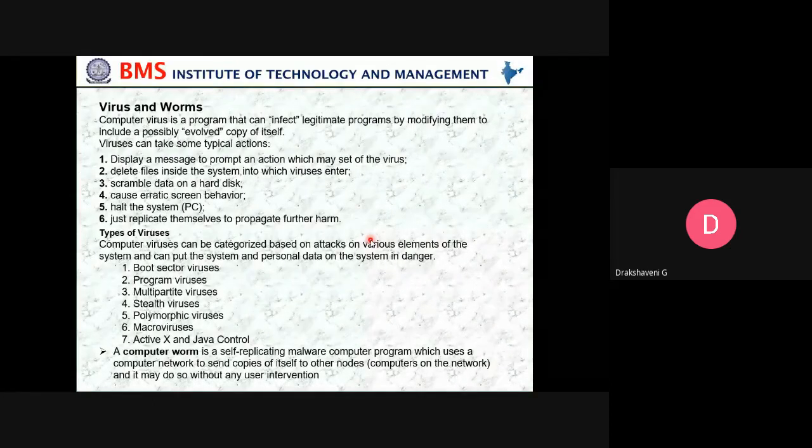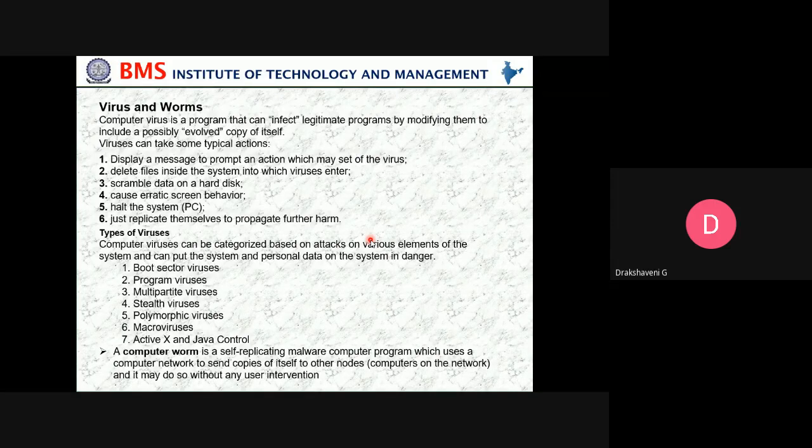What is a virus? A computer virus is a program that can infect legitimate programs by modifying them to include a possibly evolved copy of itself. Viruses can take some typical actions.